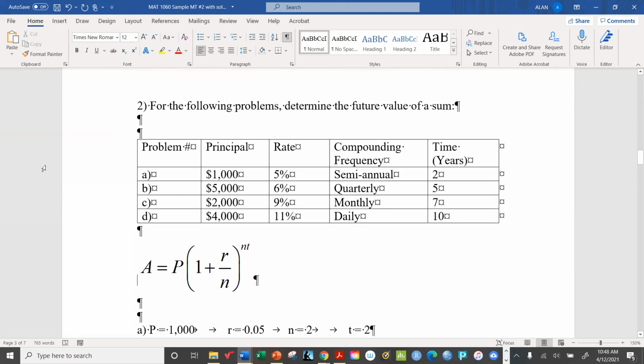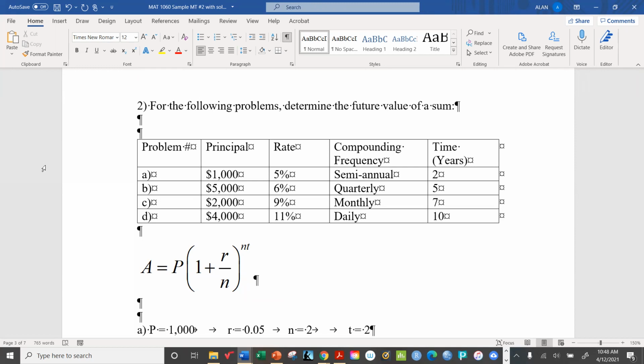Okay, so we've got a chart here with 4 different setups. In the first column, we have principal. We have the rate of interest, which is listed as a percentage, which you will convert to a decimal. We have the compounding frequencies. And then finally, we have the actual time measured in years.